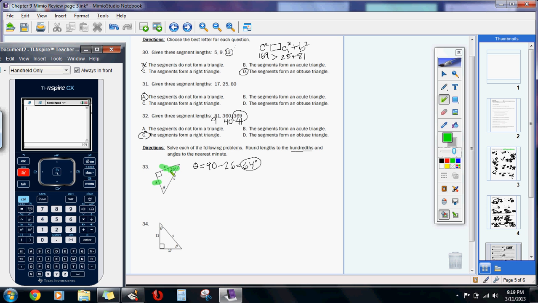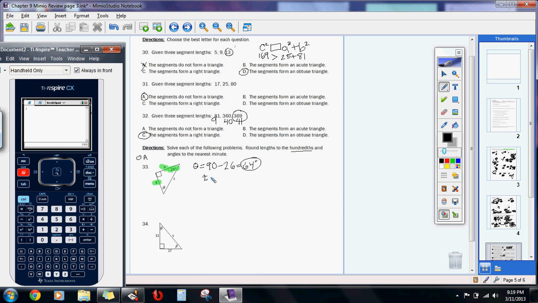So according to the 26 degrees, I have the opposite leg, and I have the adjacent leg. So I have opposite and adjacent, opposite and adjacent, so that would be SOHCAHTOA, TOA. So here we go.